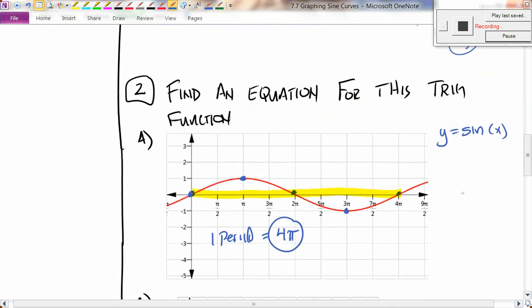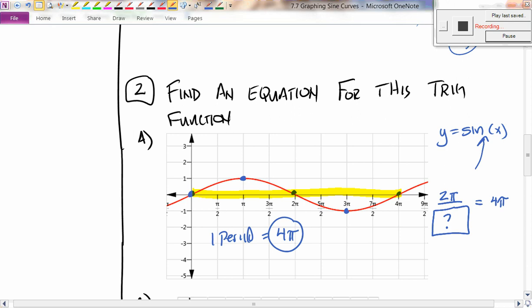So my question is, how do you figure out what goes right there in between the sine and the x? Yes? Divide that by 2 pi. You got it. So here's what you do. You take 2 pi divided by something. I don't know what it is. It's a question mark. But it has to equal 4 pi. So 2 pi divided by what gives you 4 pi? Isn't that the same thing as 4 pi divided by 2 pi?